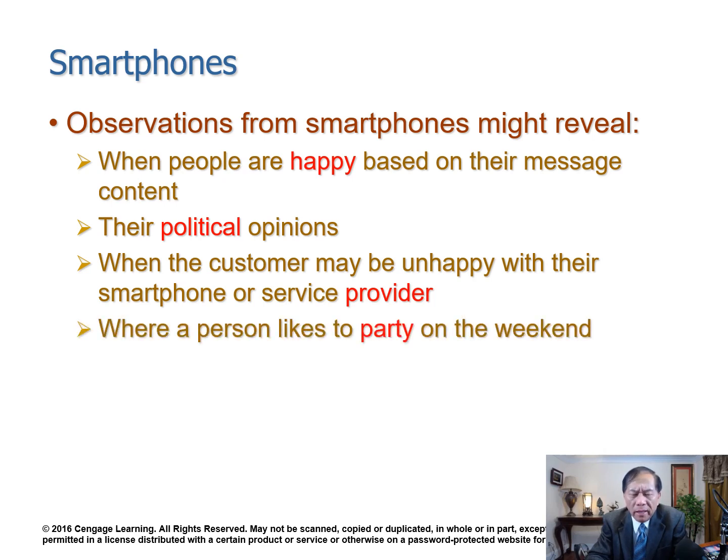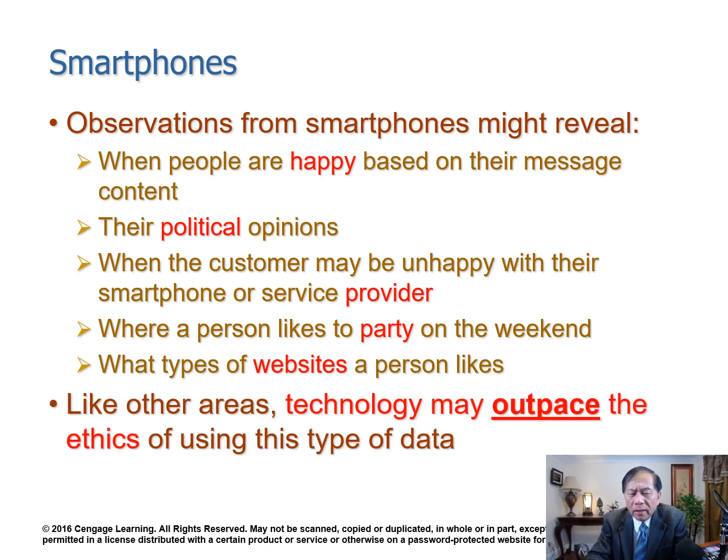It can show where a person likes to party on the weekend, and what type of websites a person likes to visit, your browsing history. Like other areas, technology may outpace the ethics of using this type of data. Technology companies have been collecting data with this technology, and the ethical issue may not have been addressed properly.